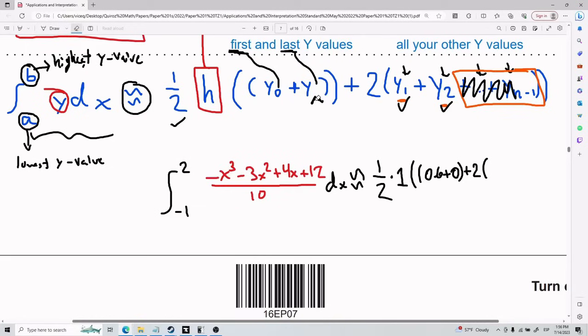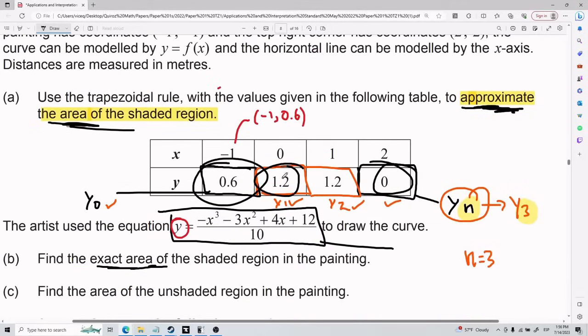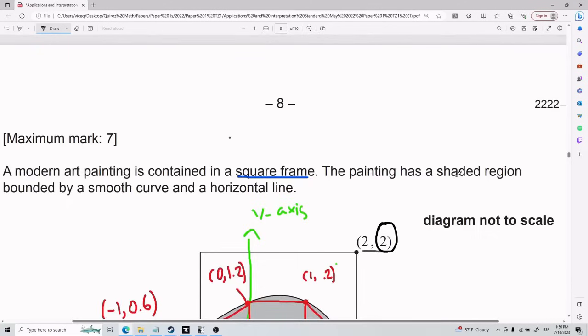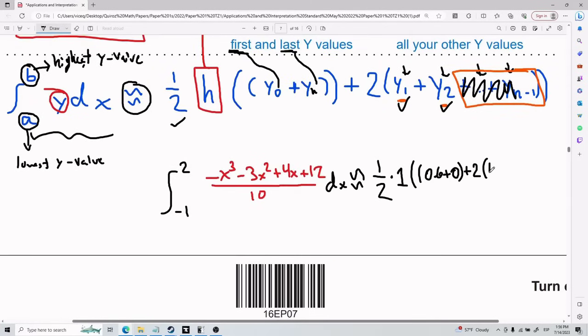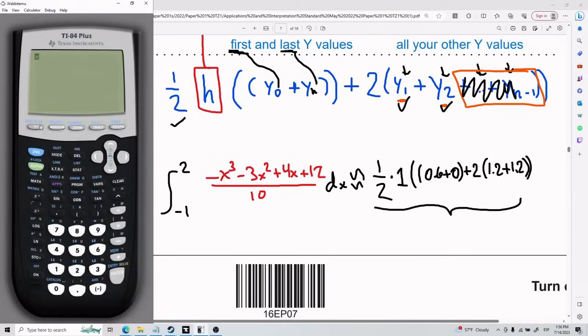Okay, cool. So it's plus 2 parentheses 1.2 plus 1.2. Awesome. And so I plug in everything that's on the right, ¿cierto? So this would be the trapezoidal rule. I pop that into my calculator. 1/2.